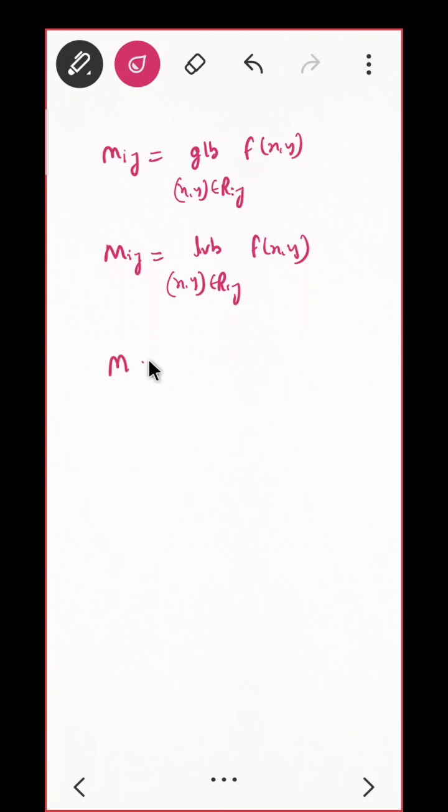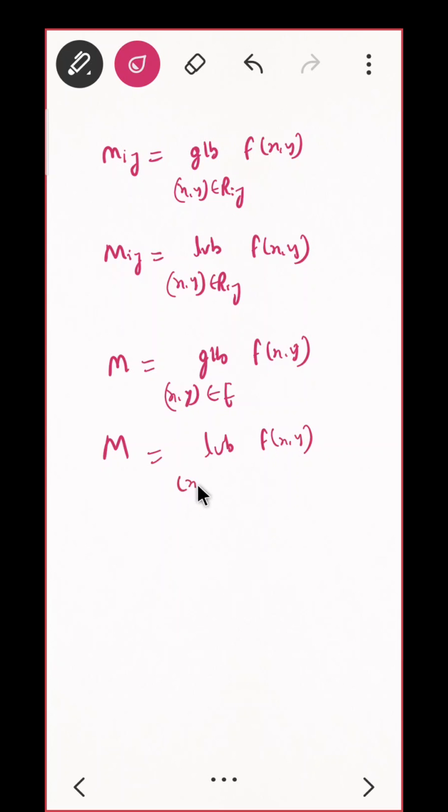Small m and capital M. What is small m and what is capital M? Yes, anyone? It is GLB of the function where x comma y belong to E, and here capital M is LUB of the function when x comma y belong to E. So is there any problem till now? Is everything okay till now?